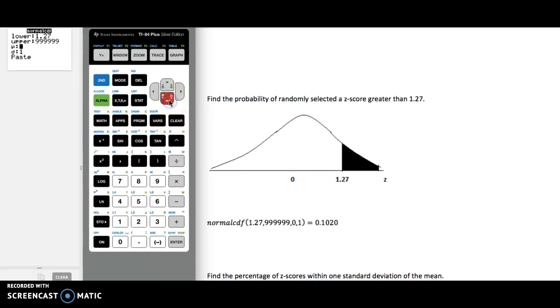And then the mean and the standard deviation, 0 and 1. That stays the same. Go down and press enter and enter again, and you end up with an area of 0.1020. So the area to the right of 1.27 is 0.1020. About 10% of the graph is here.